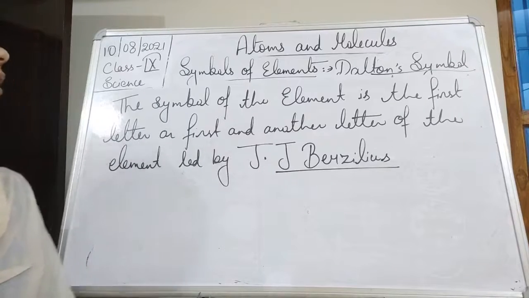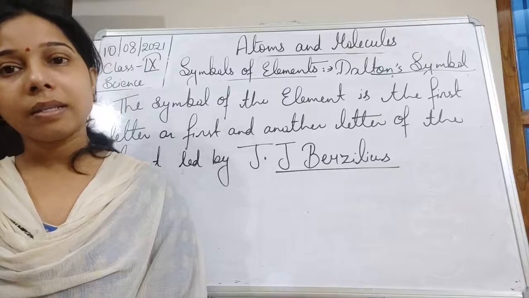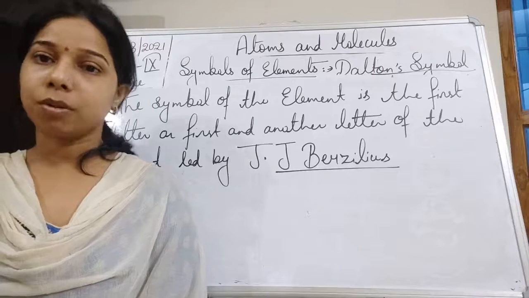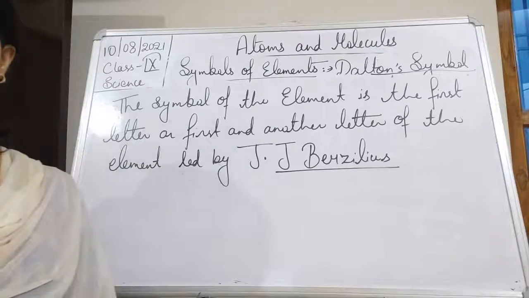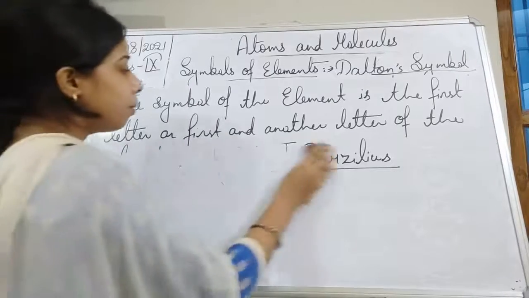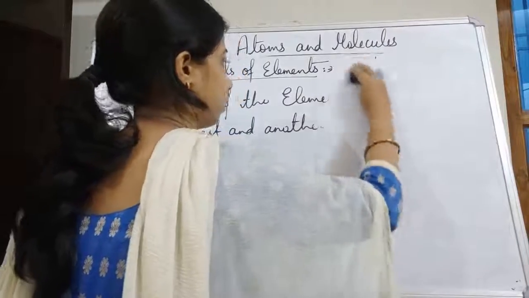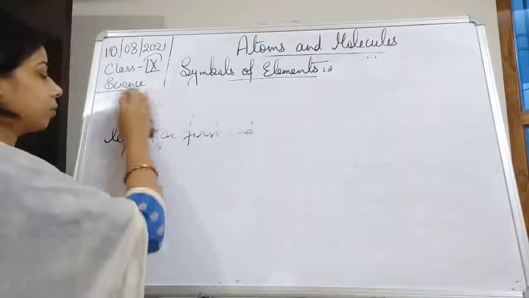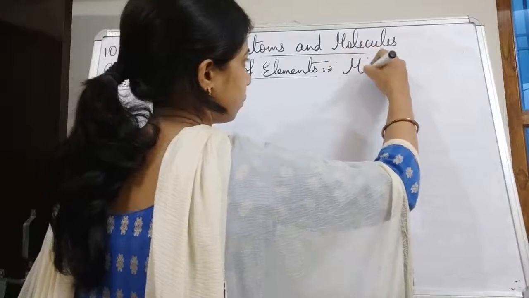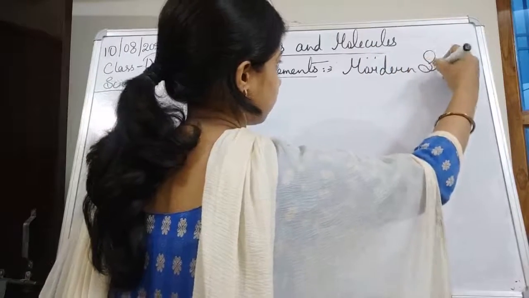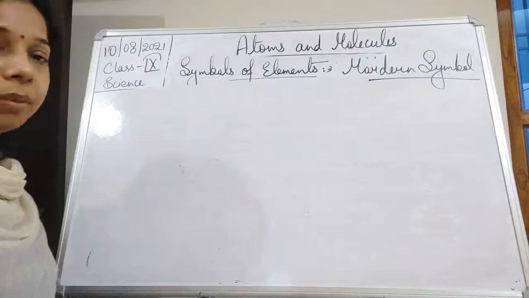Now, moving on with the help of this statement given by J.J. Berzelius, we have started to understand the modern symbol of an element. So let us see what the modern symbol of an element is.